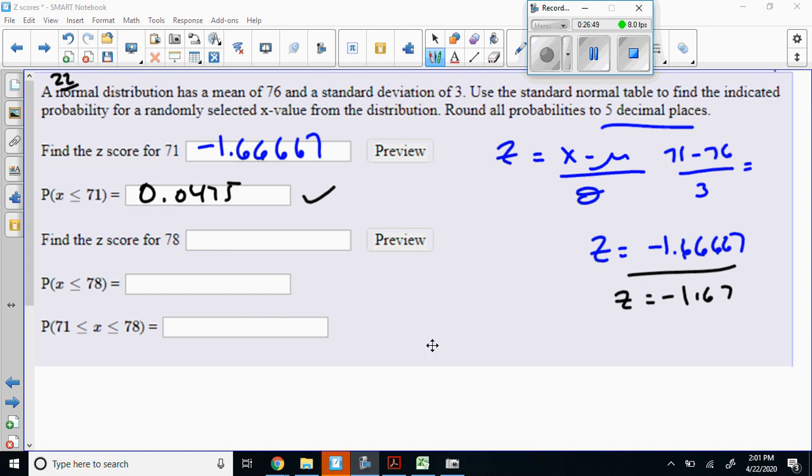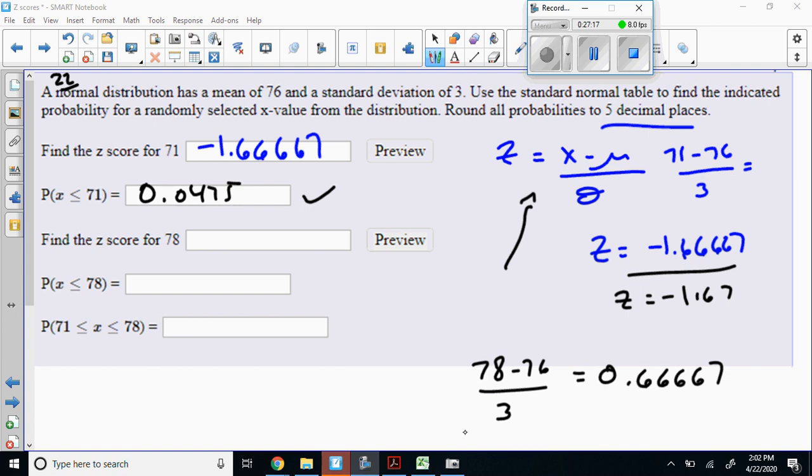Now, they want us to do it again and find out what it would be for 78, right? So we use this formula up here. That'd be 78 minus 76 divided by 3. Make sure you get 5 decimal places, right? 78 minus 76 divided by 3. And that is 0.66667, right?